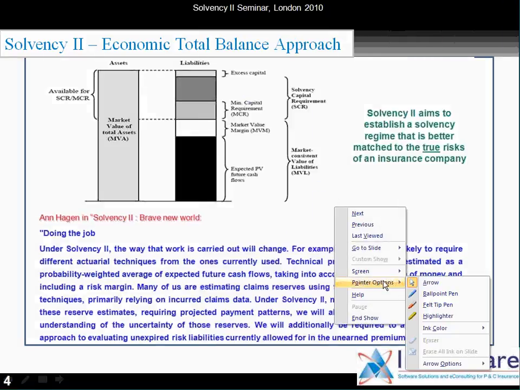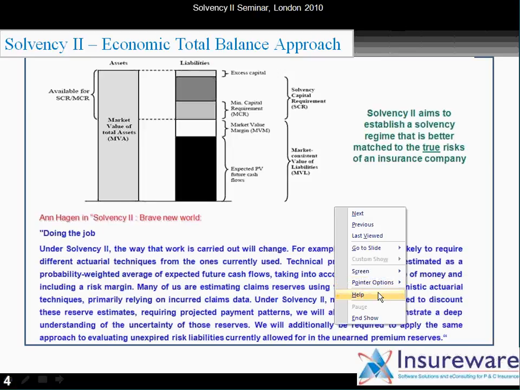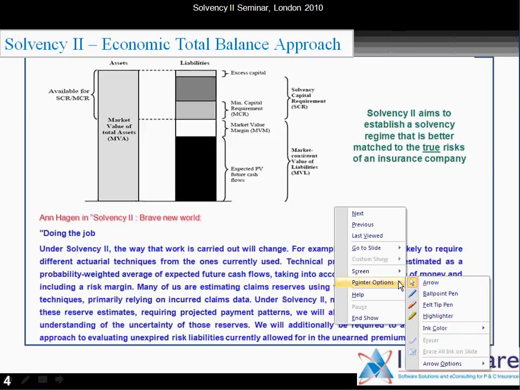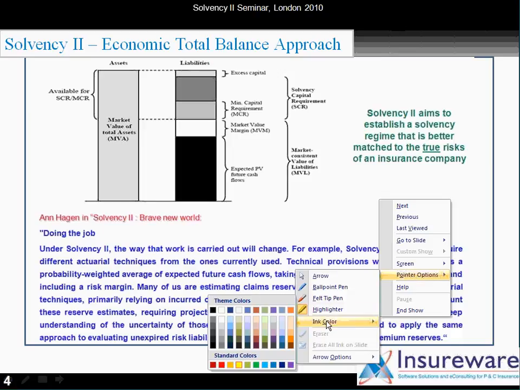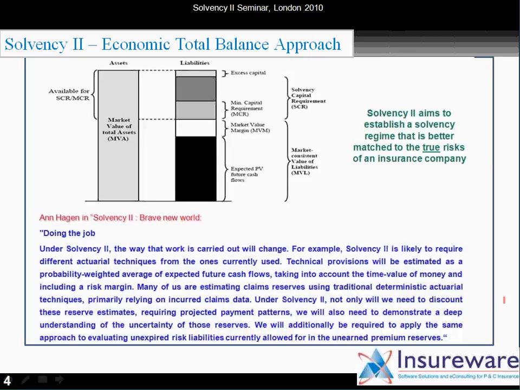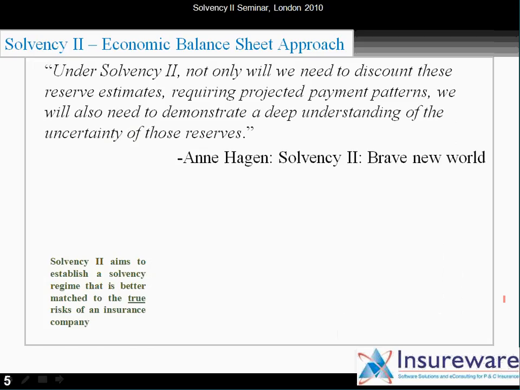It is the premium that the insurer pays the capital providers for providing the risk capital. Okay, under Solvency II, that's the main statement by Anne Hagen.